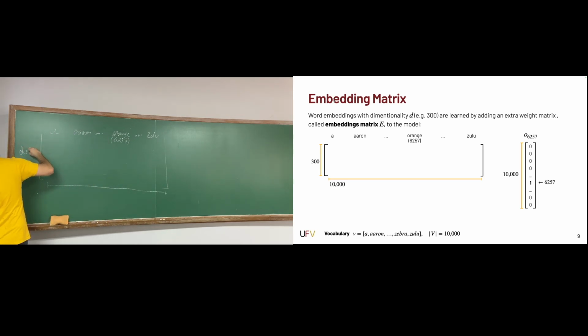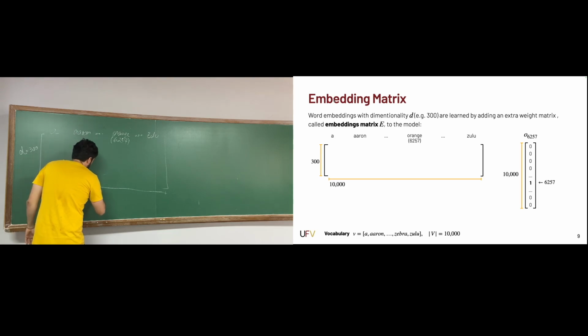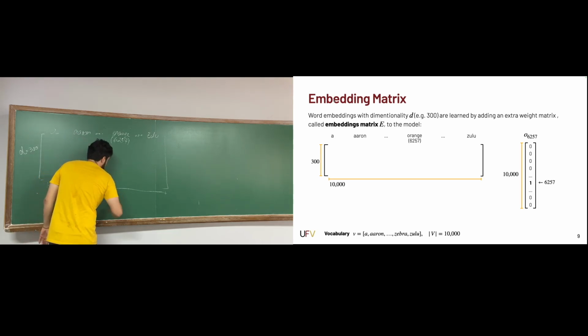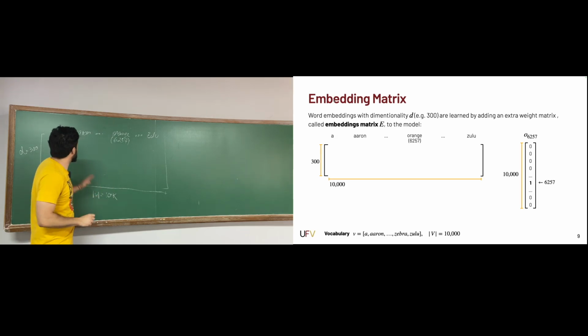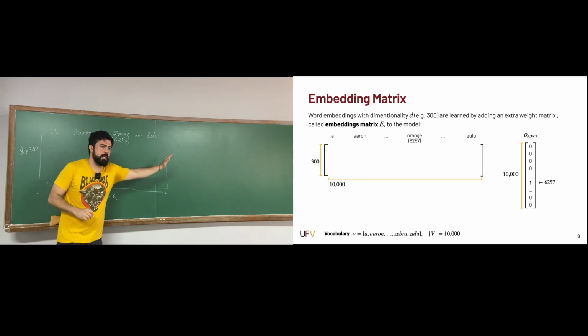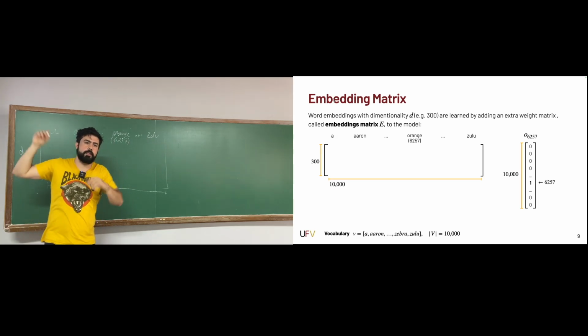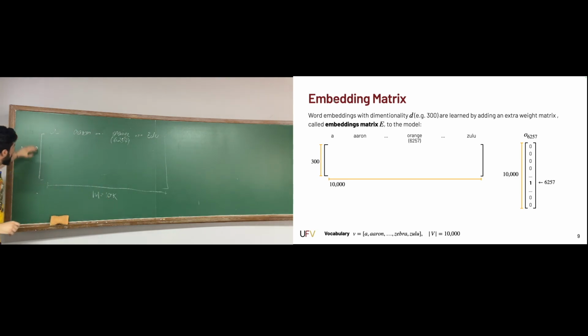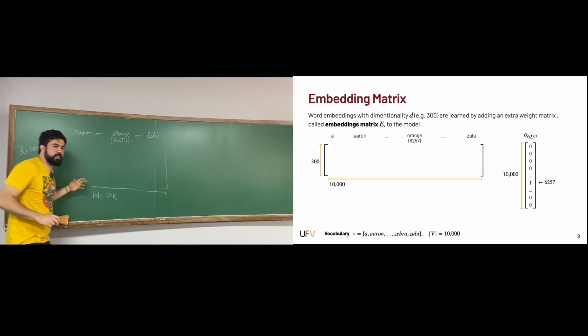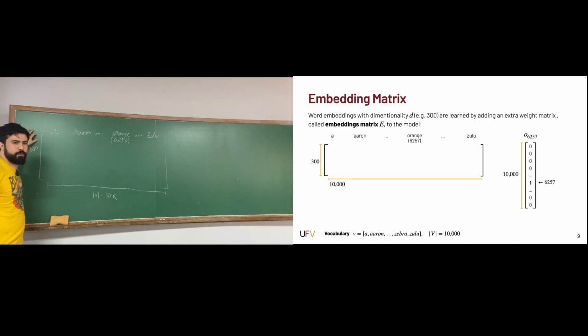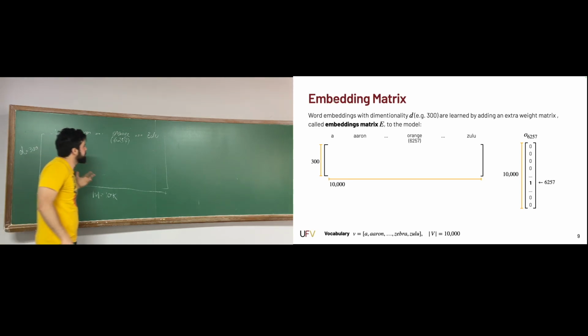I'm going to assume we want 300 dimensions for each word, and assume also that the size of our vocabulary is 10K. I have 10,000 words. So the words are represented in the columns, as we already were doing, and the rows represent features. I just don't know what each row represents. Okay.